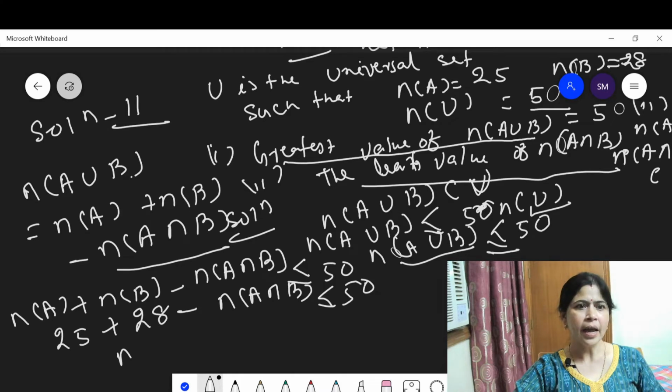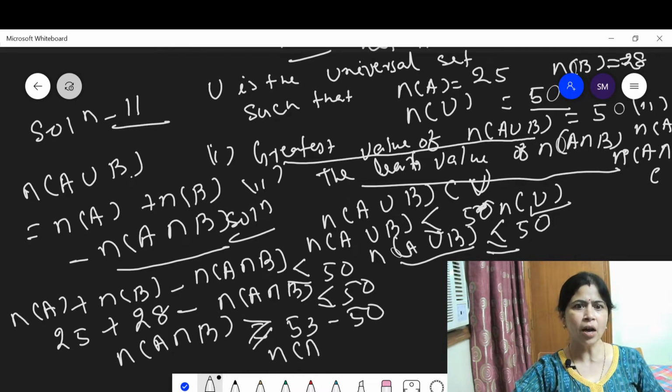This means n(A intersection B) is greater than or equal to 53 minus 50. So n(A intersection B) is greater than or equal to 3.